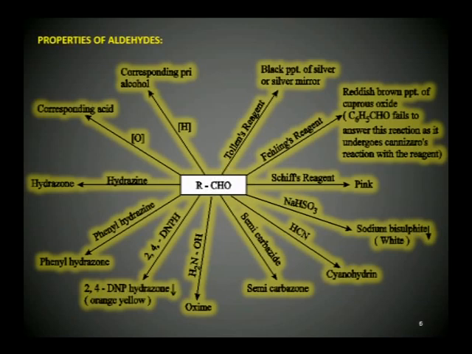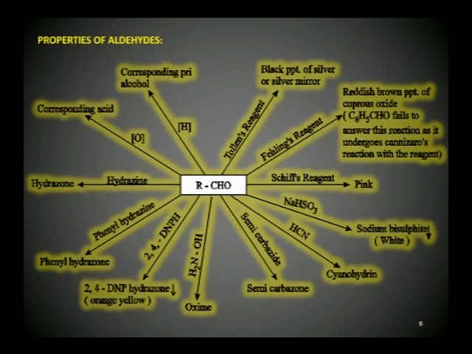Fehling reagent is a mixture of copper sulfate and sodium potassium tartrate. When aldehydes are treated with Schiff's reagent, we get a pink colored solution. When aldehydes are treated with sodium bisulfite, we get the sodium bisulfite adduct of acetaldehyde or aldehydes as a white precipitate.